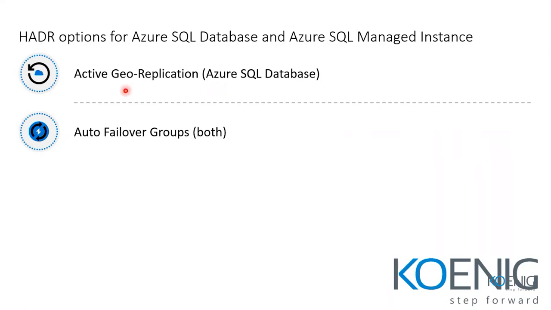This active geo replication we can configure in the high availability and disaster recovery option for Azure SQL database and Azure SQL managed instance. So in this option we have auto failover group. Guys, we have two options in Azure SQL: one is manual failover and the second one is auto failover groups.